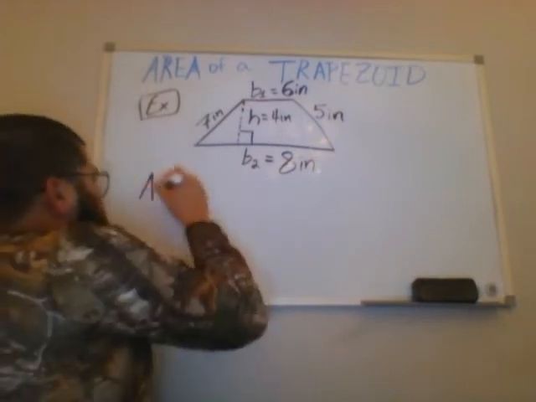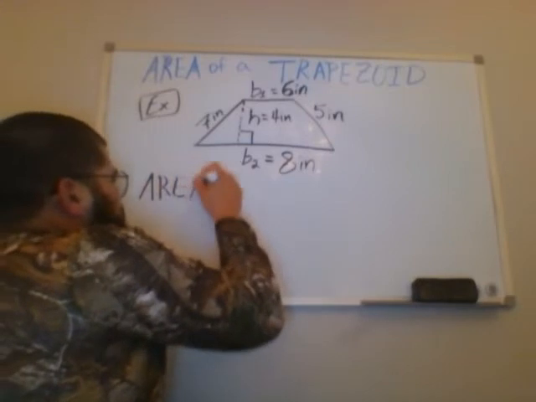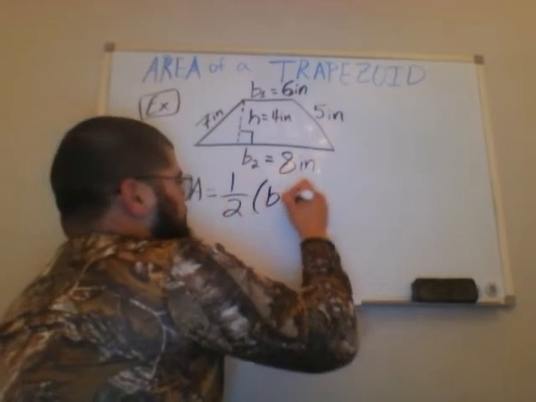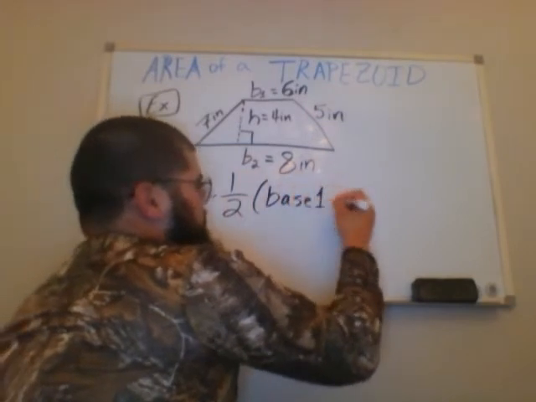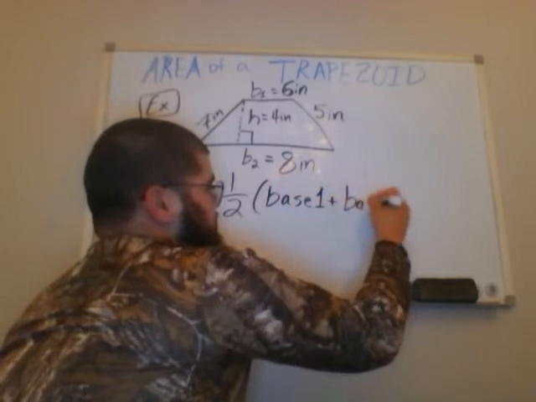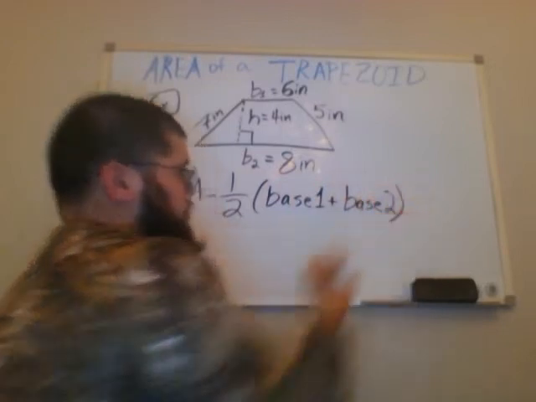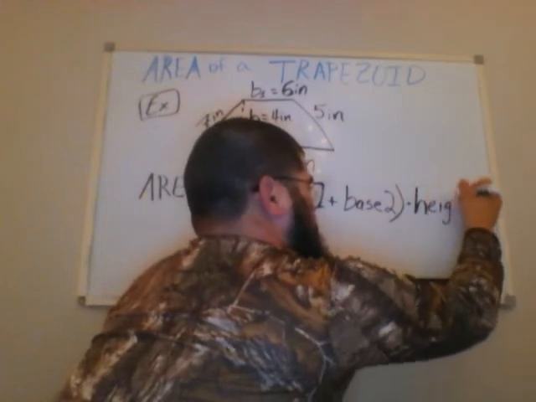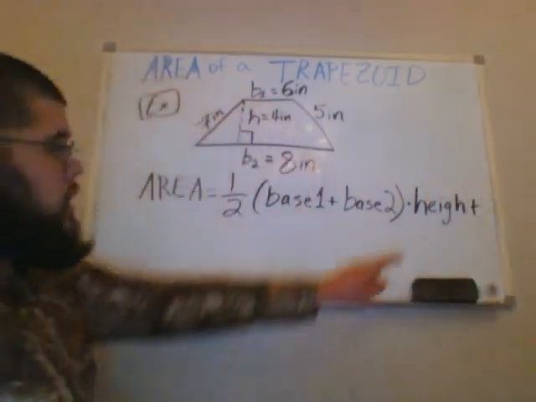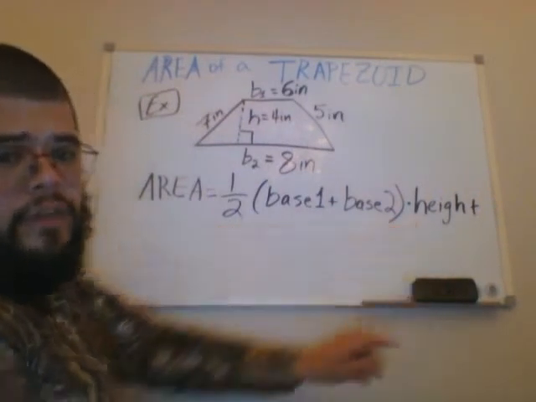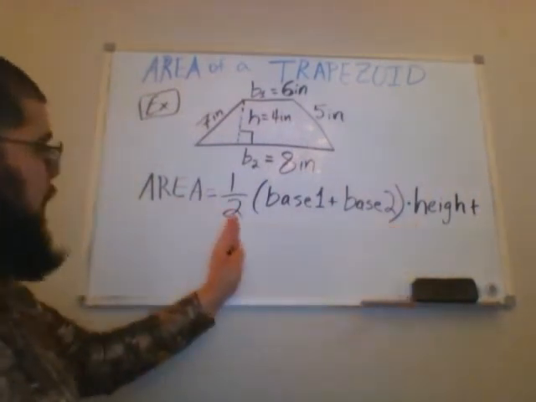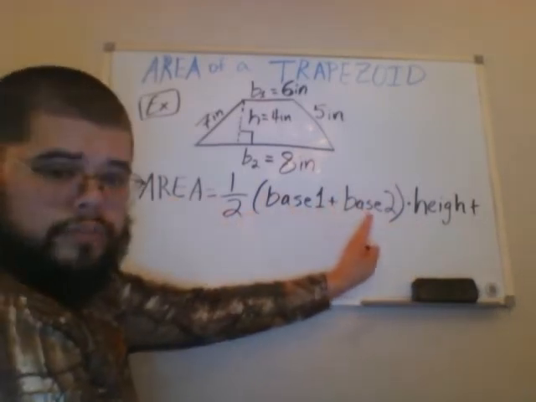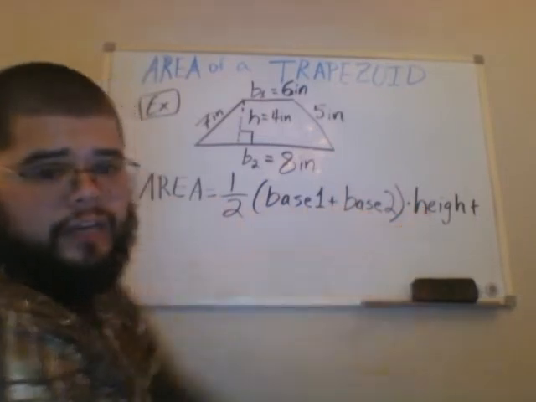Area equals 1/2 times base 1 plus base 2, close parentheses, times the height of the trapezoid. Okay, so the area of the trapezoid is equal to 1/2, open parentheses, times base 1 of the trapezoid plus base 2 of the trapezoid, close parentheses, times the height of the trapezoid.